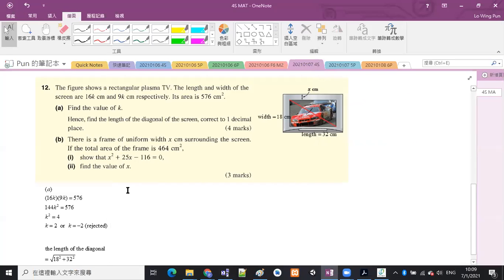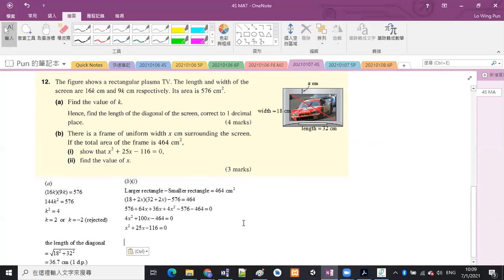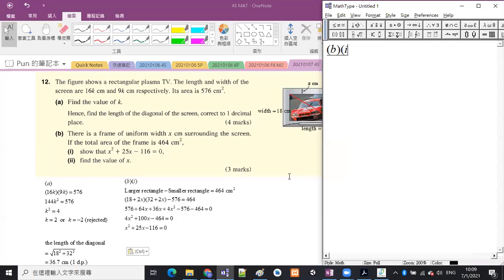So in B2, find the value of x, because we have already arrived at a simple quadratic equation. Then we just need to solve this equation. So x squared plus 25x minus 116 is equal to 0.